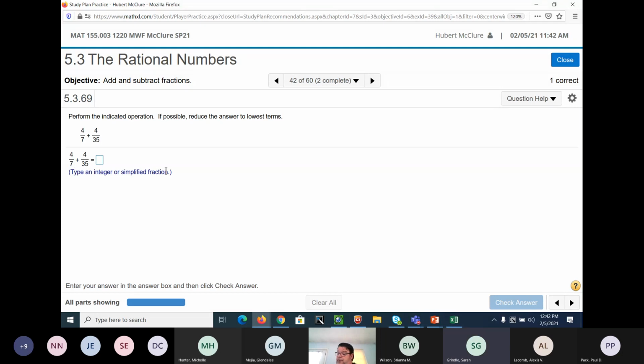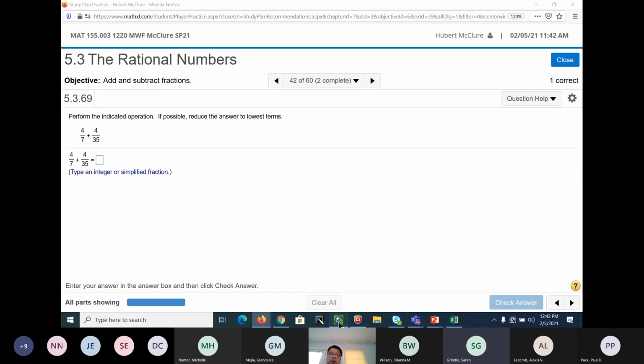This is 4 over 7 plus 4 over 35. And I'm going to act like I don't know what the common denominator is. So I'm going to go over here and put 7 and 35. 2, 3, 5, 7, 11, and sometimes 13.